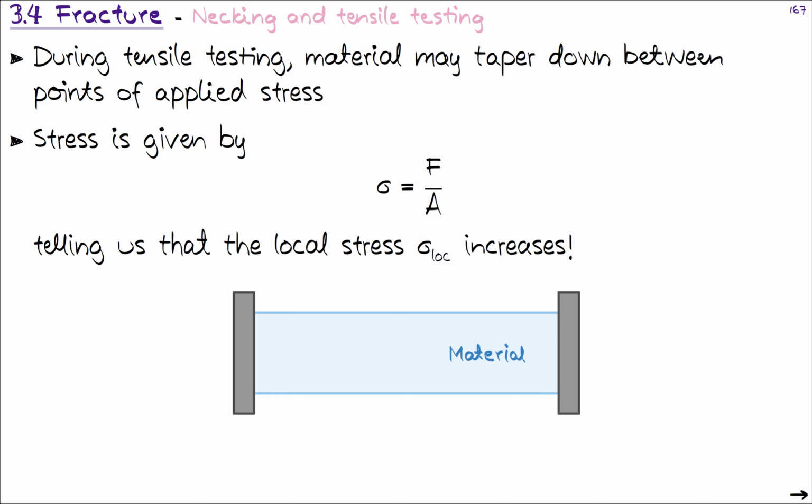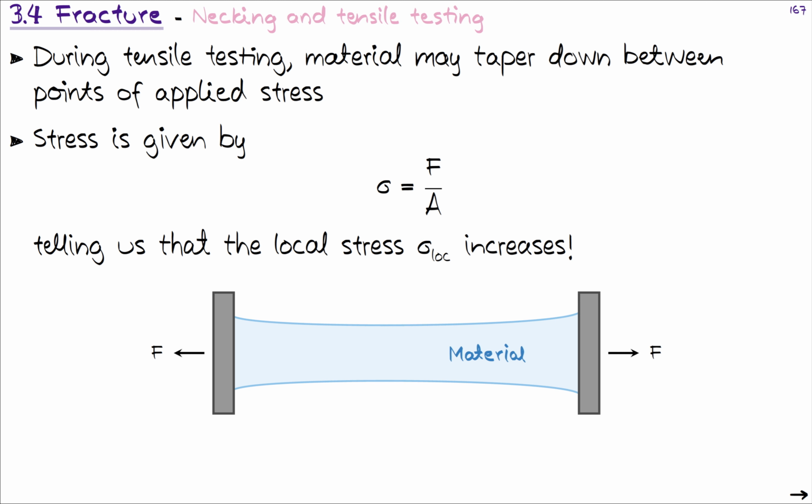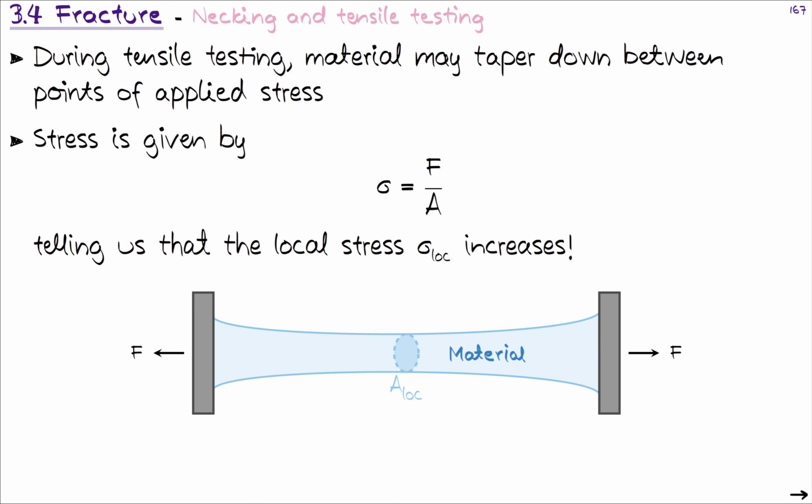So this is a schematic of the original tensile test. We have a piece of a material, and we start stretching the material. So we apply a tensile stress, so forces from both sides, and we stretch the material, and we see that it's being tapered down, and we see that the local cross-section here narrows down when we are stretching the material, applying a tensile stress.